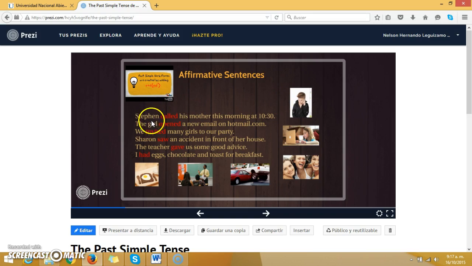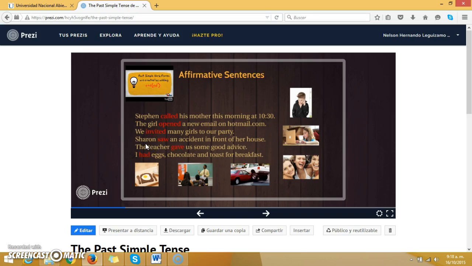In example number 1, I have Stephen called his mother this morning at 10:30. As example 2, I have the girl opened a new email on hotmail.com. As example 3, we invited many girls to our party.